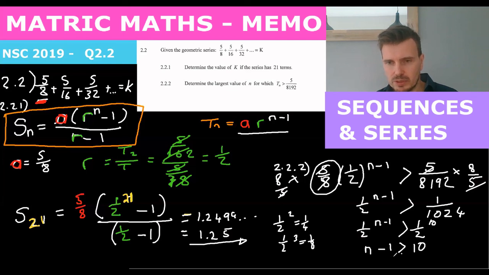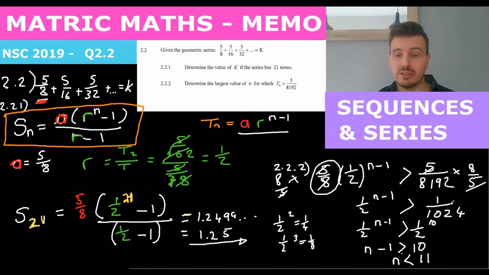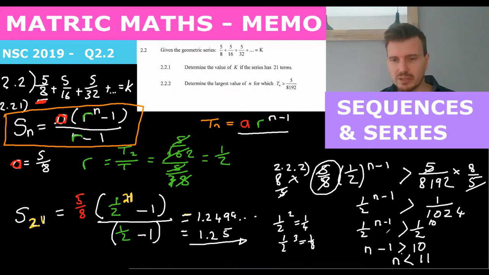So we just say n is less than 11. Okay, and we can do a quick test. Let's put in a value for n. I'm going to put in 11 for n. So a half to the 11 minus 1 is going to be a half to the 10, and so that would be equal.